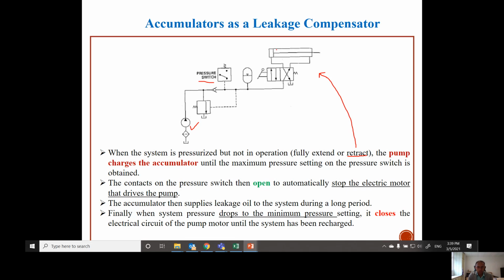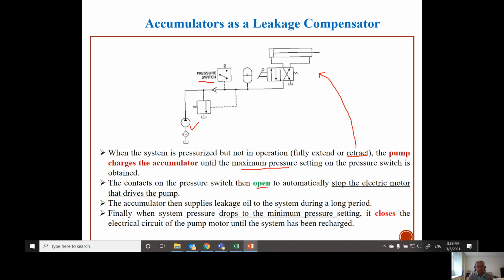retraction position. So when this happens, the pump will charge the accumulator until the maximum pressure setting is reached on the pressure switch itself. So when this maximum pressure setting is reached, this contact on the pressure switch will open.